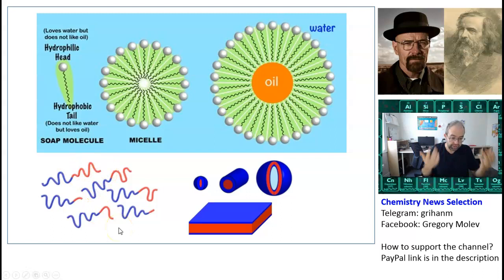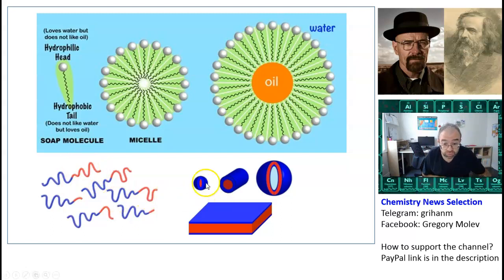You put them in water, they will form structures like soap molecules, but in polymers you can control the length of each of its blocks, right? And there are many other features like the level of polarity, the level of solubility, or functional groups on the surface of the molecules. And by controlling these, you actually can control the structure that you will obtain.